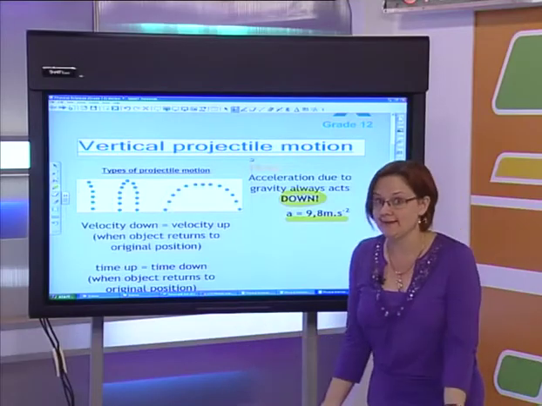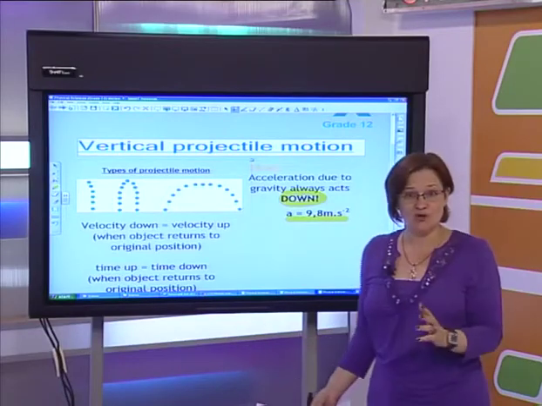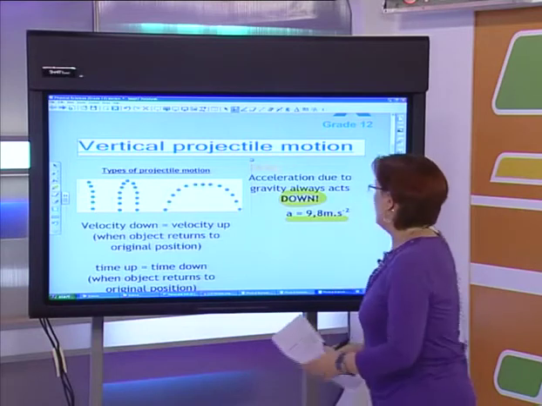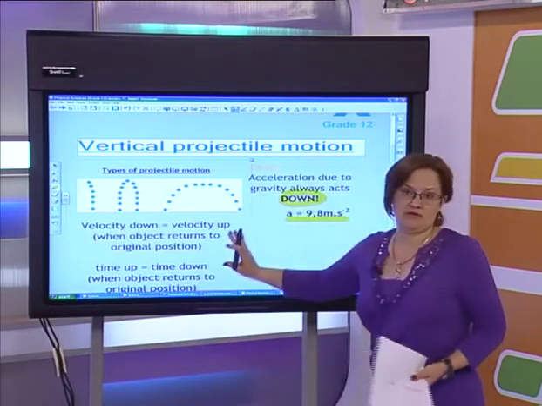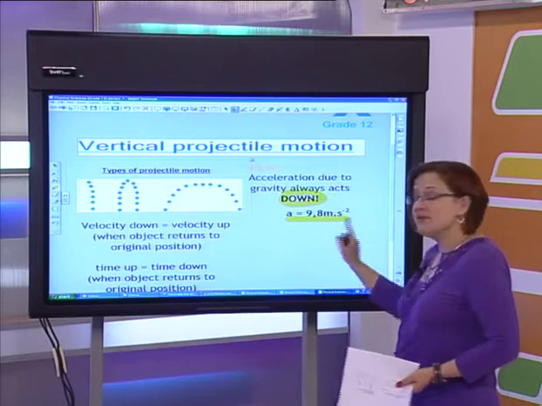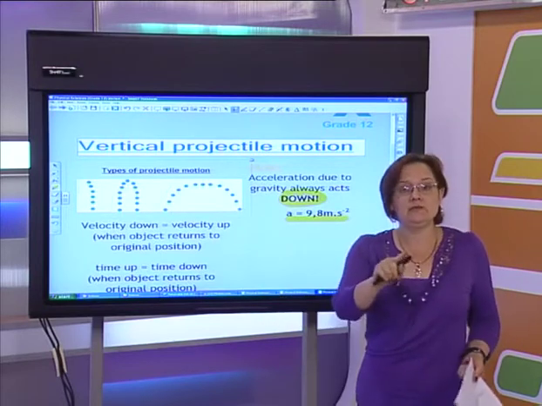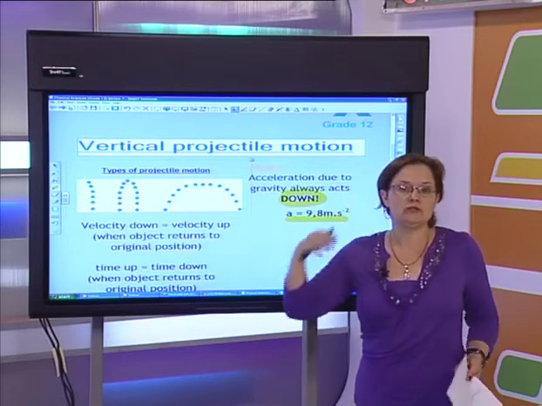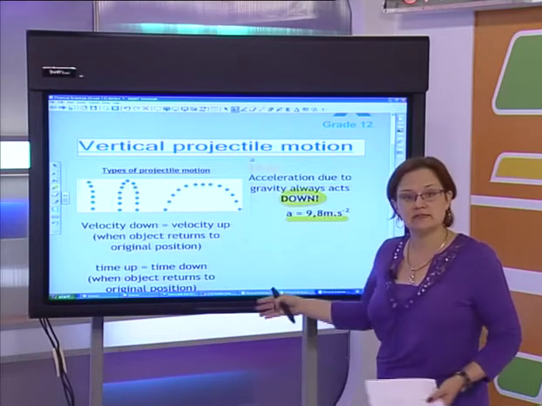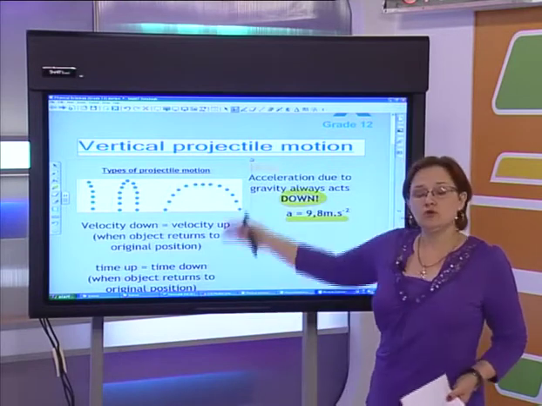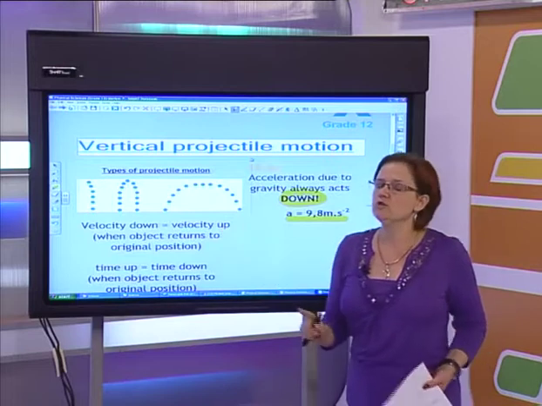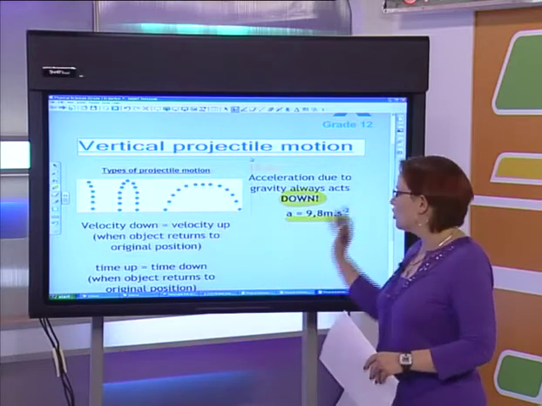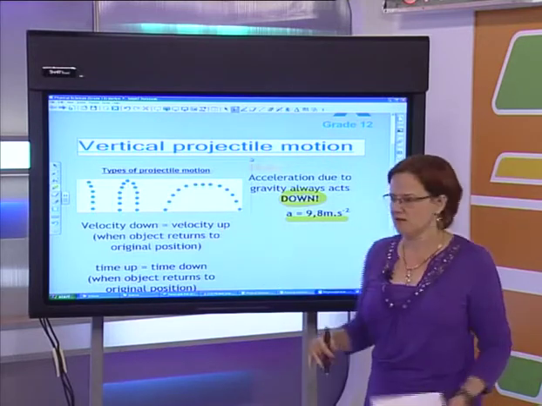You end up down. And if any of you don't, then I want to come live on your planet. Because we know that gravity always acts down. We know that it's 9.8. Please be careful, especially if you're using old textbooks. A lot of this is the same from the old curriculum, but they'll give you gravity as 10. We don't use it as 10 anymore. It's got to be 9.8. It messes up the calculations, but it's okay.